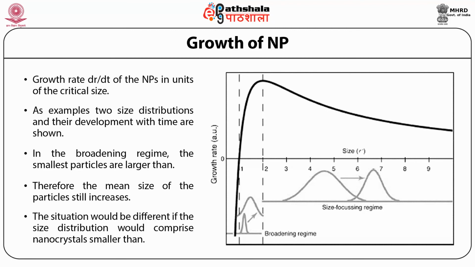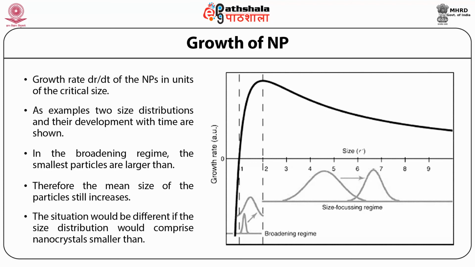During the run of the reaction, the concentration of monomers decreases and the critical size shifts to higher values. If the critical size is sufficiently small, the system is said to be in the narrowing or size focusing regime.